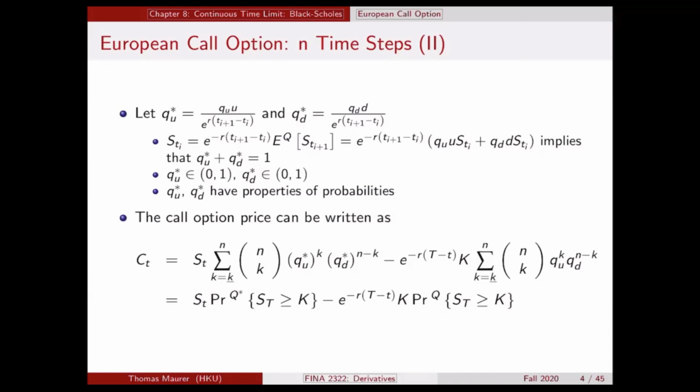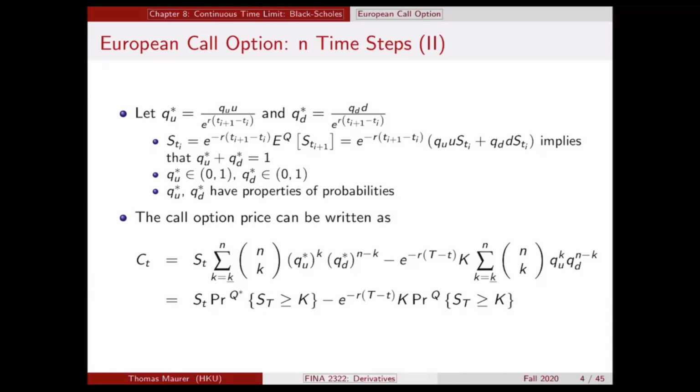And then you have minus the present value of the strike price times again the probability that the call option is in the money. Where does this come from? Well, it's this sum over all these risk-neutral probabilities of having at least k lower bar up movements in the tree, where k lower bar was defined as the price of the underlying being larger than the strike price.